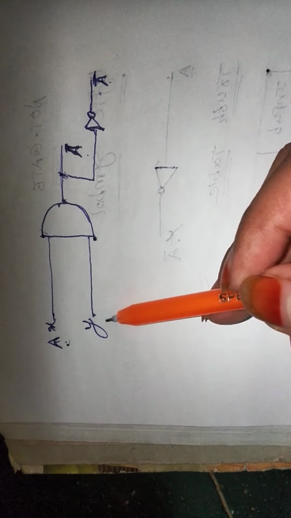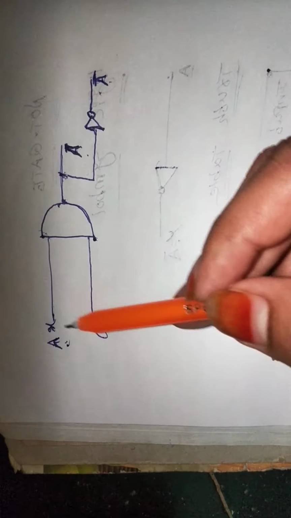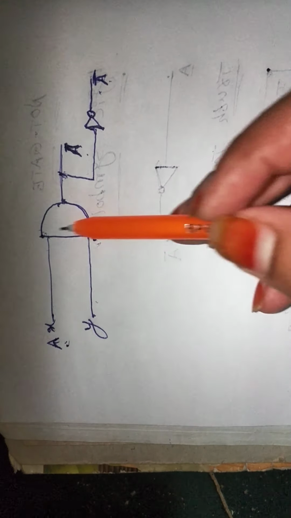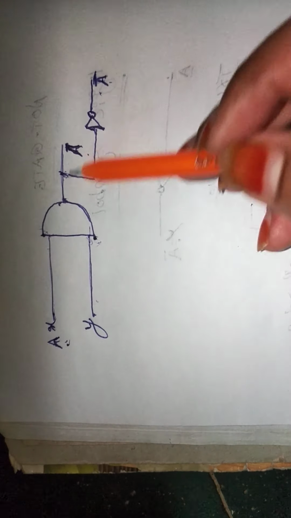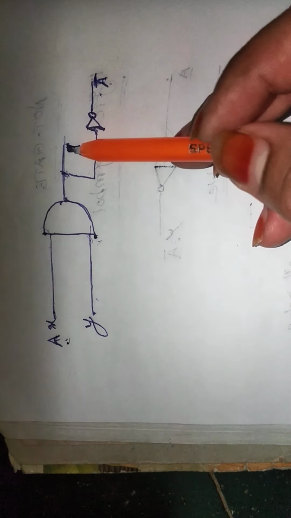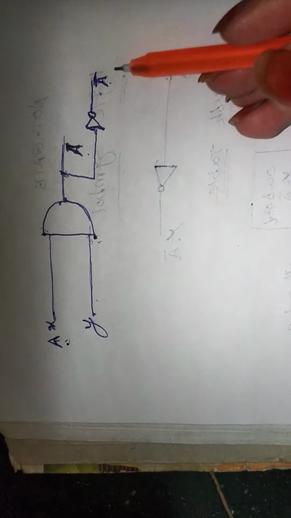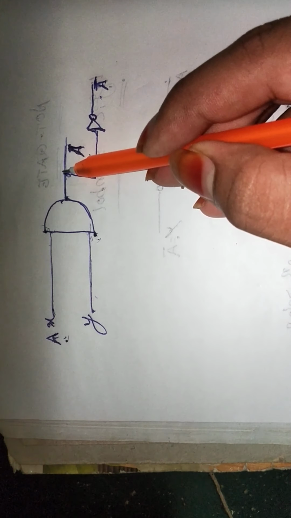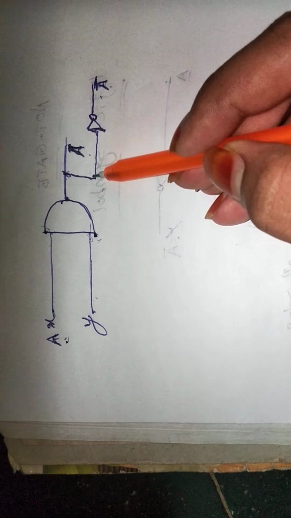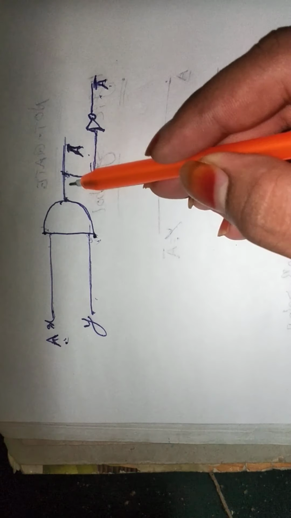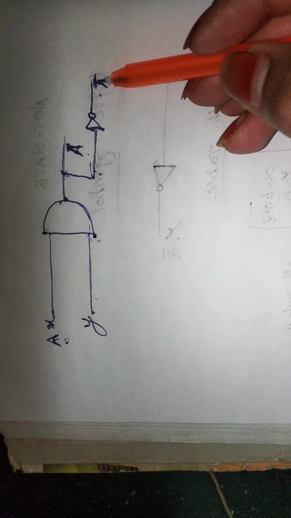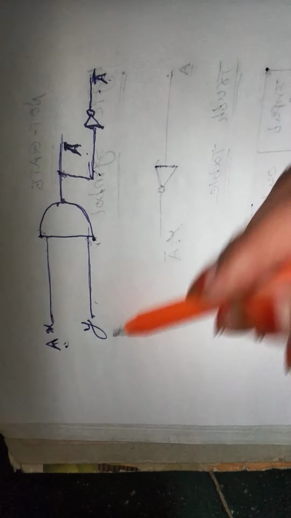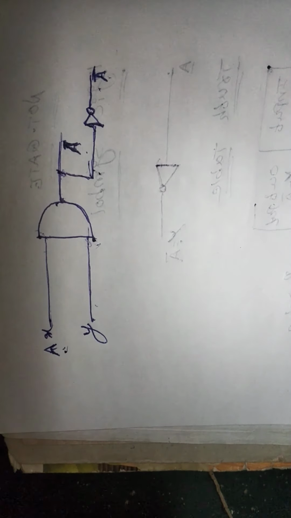Here, AND gate, we take two input variables, the output will be the same A, but we want A bar, then we add the NOT symbol at the end of the AND gate, therefore it transfers to A bar. This is the NOT gate example. Thank you.